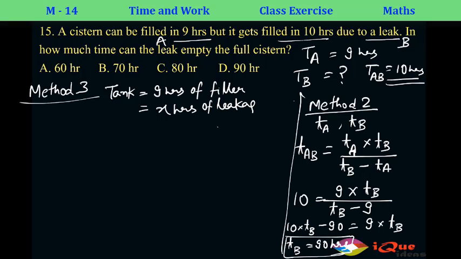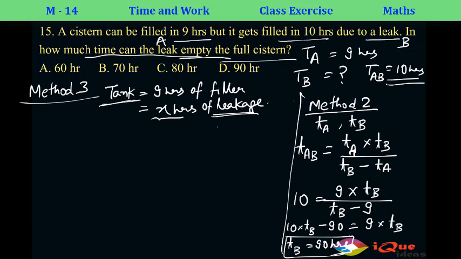I'm just trying to explain the question here. We don't need X, but whatever relation we get here, the X value will be our answer. X will be the answer of this question, because the question is asking how much time the leak takes to empty the full cistern, the full tank.